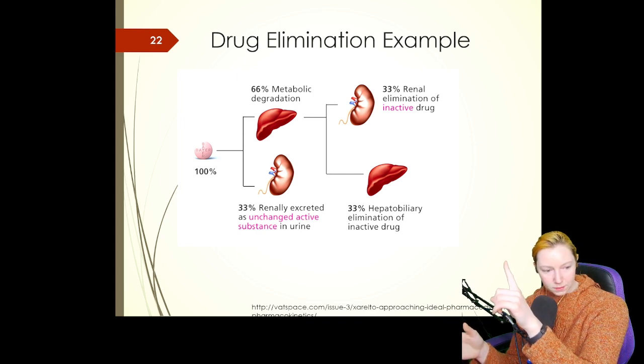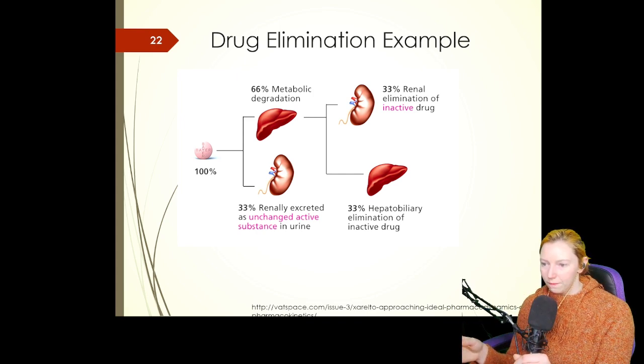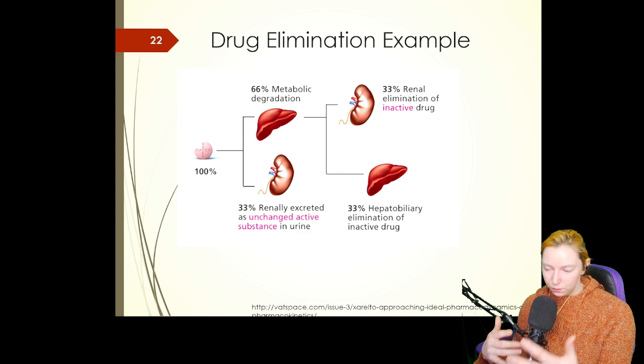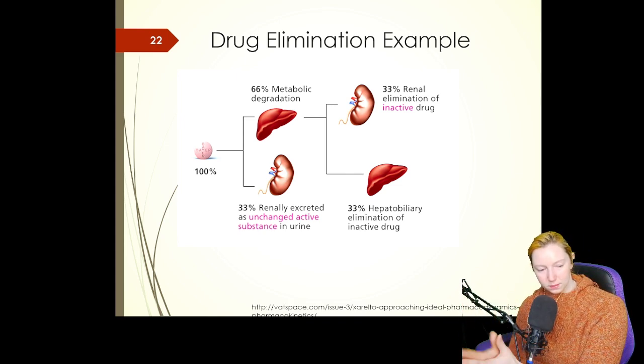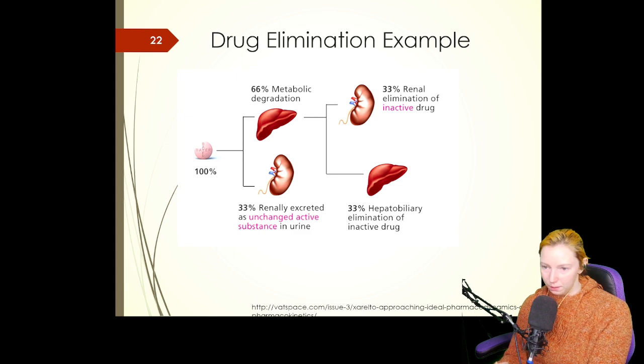Of the 66% that is metabolized, 33% is renally eliminated. And then 33% moves through the bile, is inactivated, and is excreted in the feces, right? Or something like that. So you can see that there are different processes that often will come into play when it comes to eliminating drug products. So very interesting stuff.